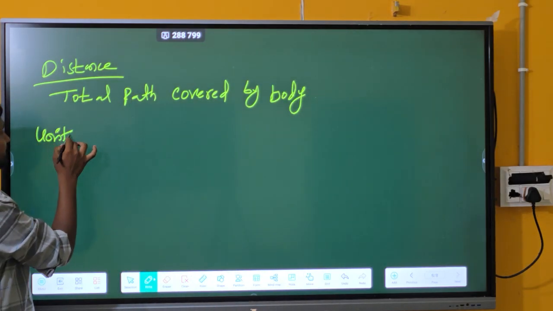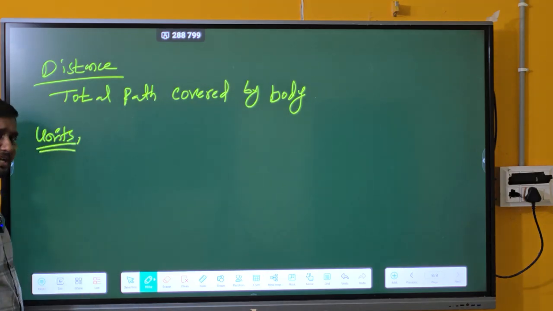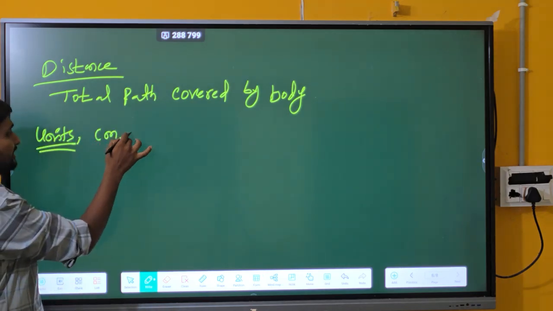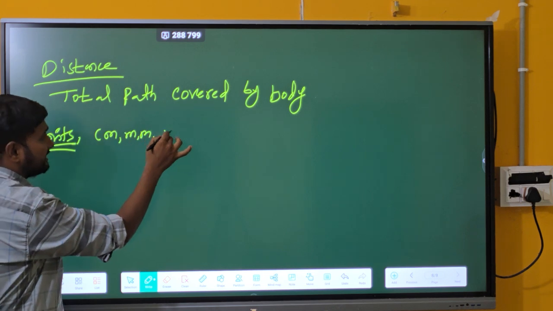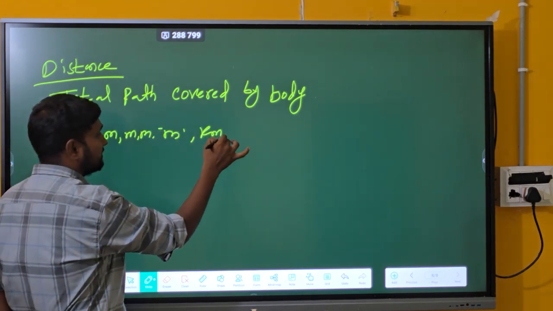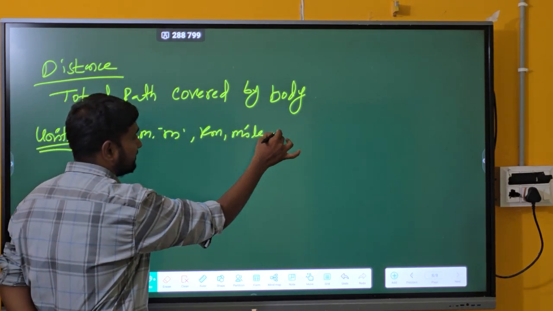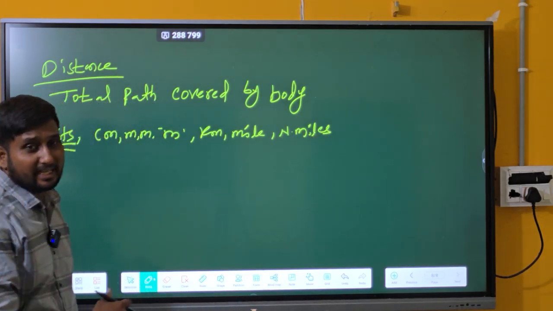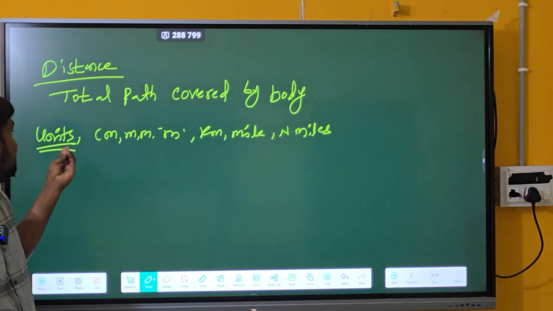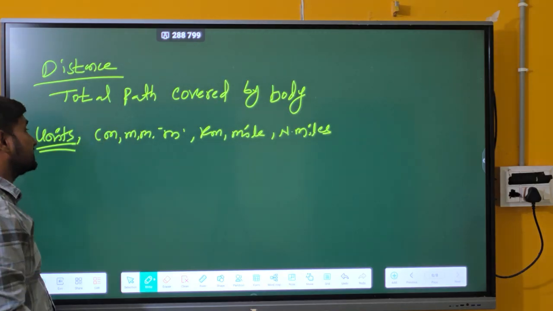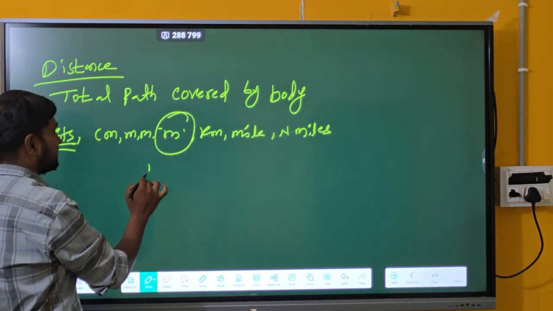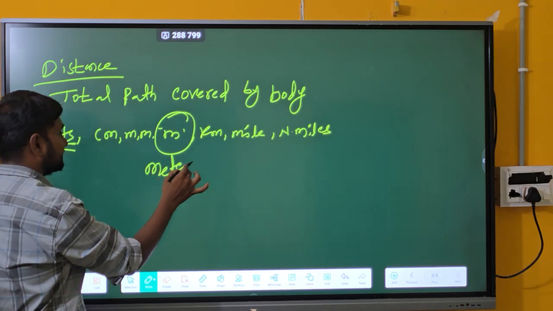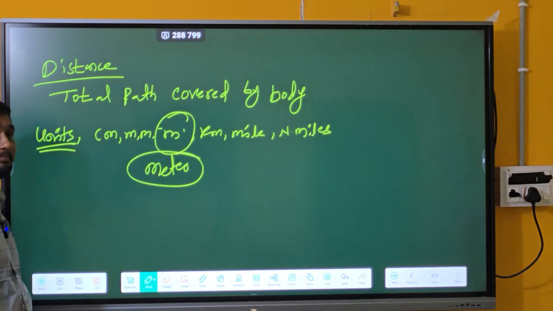We have a number of units: centimeters, millimeters, meters, kilometers, miles, nautical miles, like that. So the SI unit of the distance is the meter.